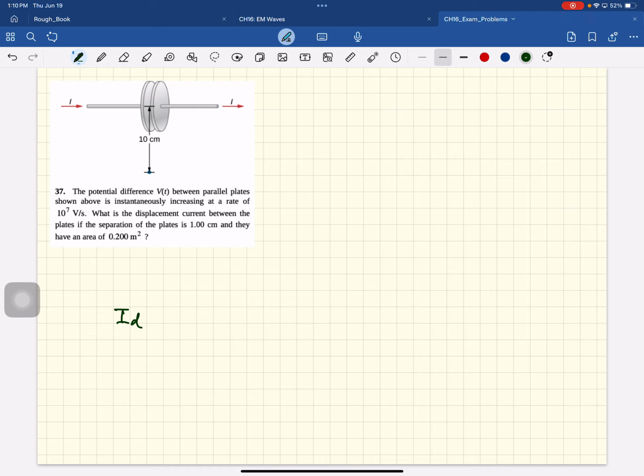All right, so what is the displacement current between the plates? It's epsilon naught A over d times del V by del t. Epsilon naught is 8.85 times 10 to the minus 12 coulomb squared per newton meter squared.